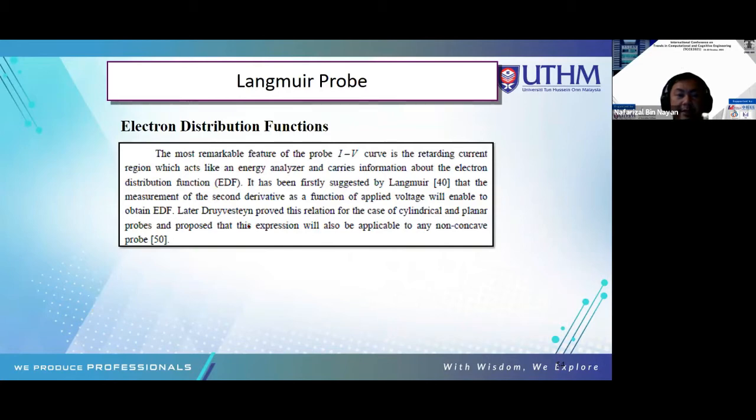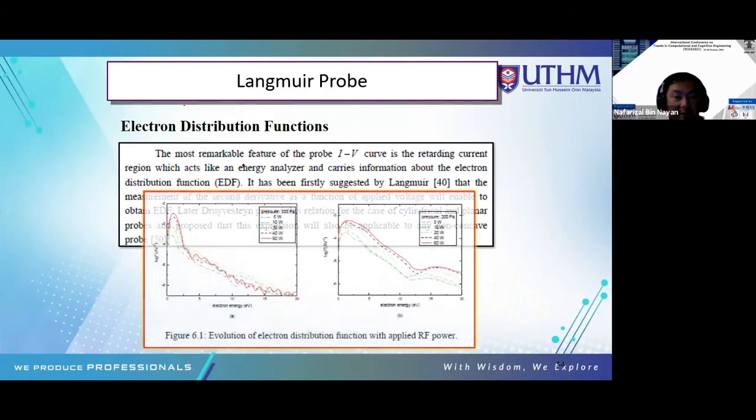We can also get the electron distribution function like this. Actually, if you get the system from this Langmuir probe system, it's very simple because almost all of the software is automated already.